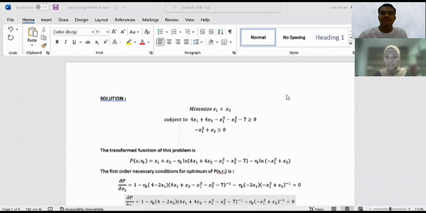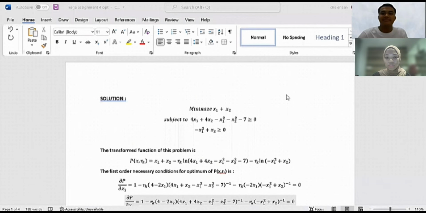I'll be explaining first. What we want to do is to minimize x1 plus x2 subject to 4x1 plus 4x2 minus x1 squared minus x2 squared minus 7 more than or equal to 0, and also subject to negative x1 squared plus x2 more than or equal to 0.